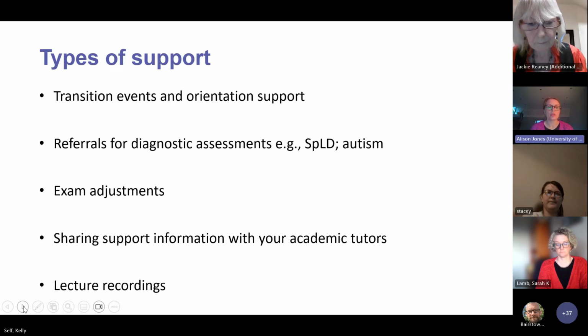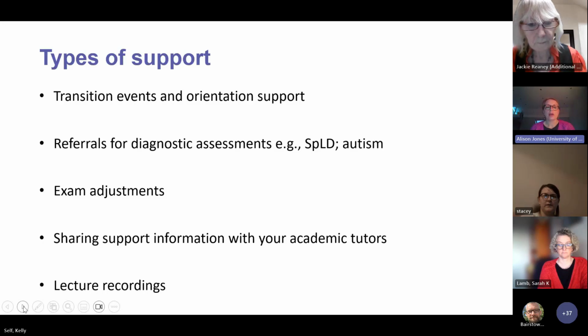We'll take into consideration what our students accessed previously, but we'll also think about what we can put in place at the university. We need to take into consideration evidence that students provide, but it's very much about the discussion that we have with students in terms of what the exam situation needs to look like for them.